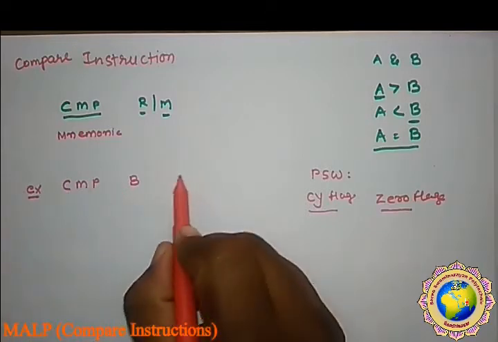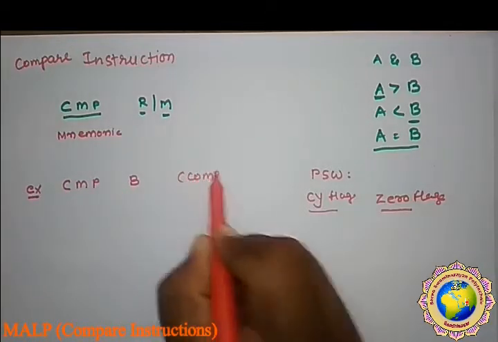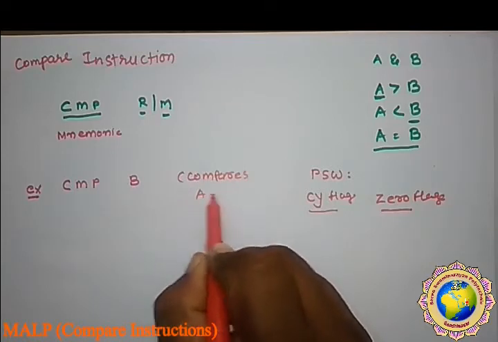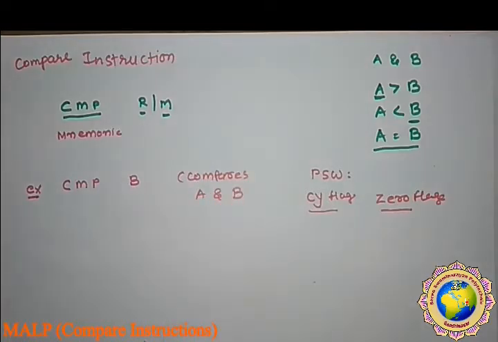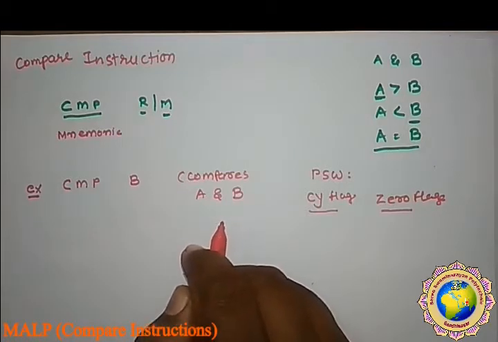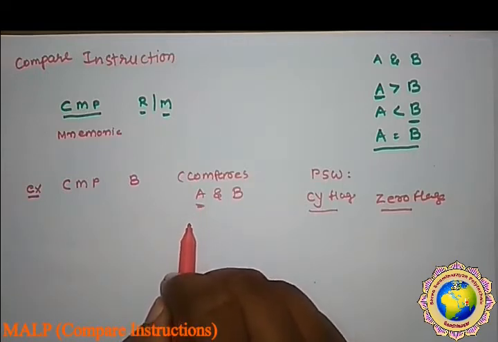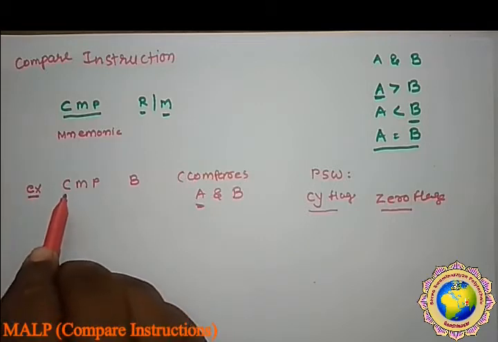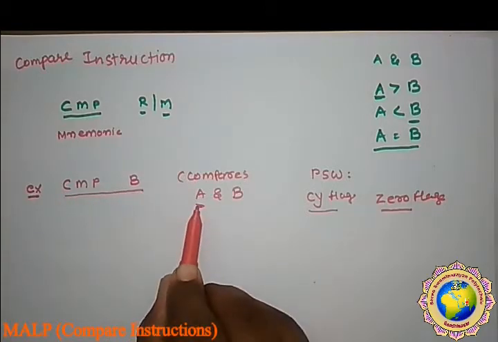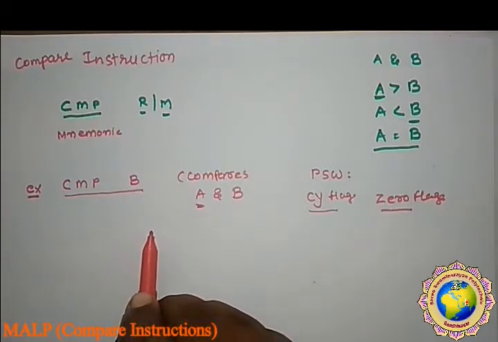It compares A and B, that is, the accumulator and the data of B. For most of the instructions in the 8085, one data must compulsorily be in the register A. So when we write CMP B, it compares A and B.